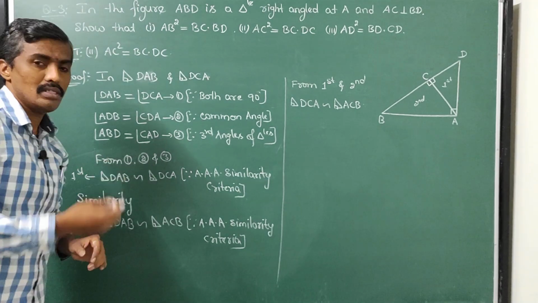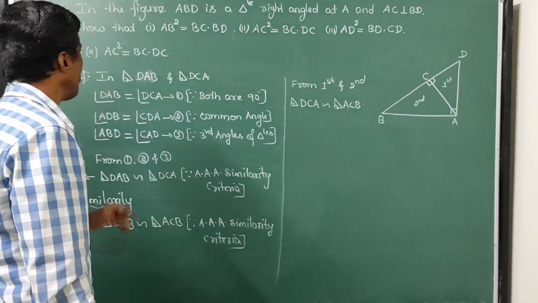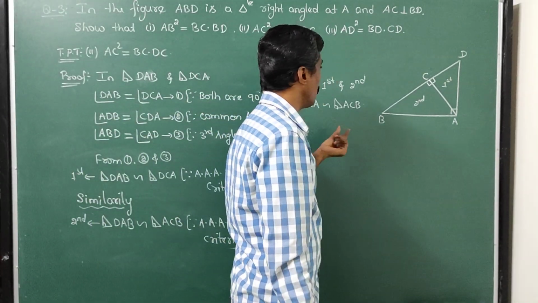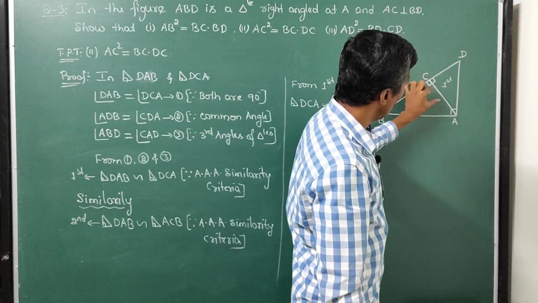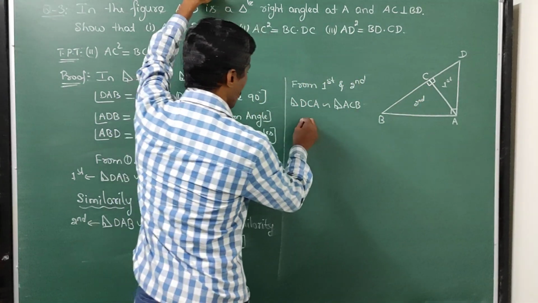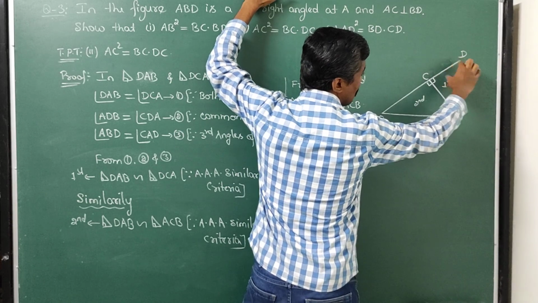Now apply the properties of similar triangles. Corresponding sides are proportional. You want AC, correct? So let me take the DCA triangle. AC is the second smallest side, because CD is the smallest side, and this is the hypotenuse.